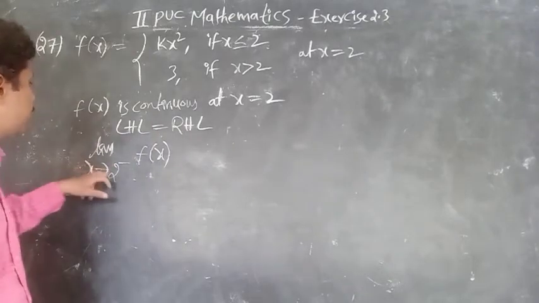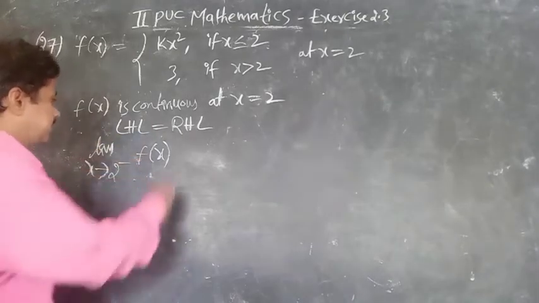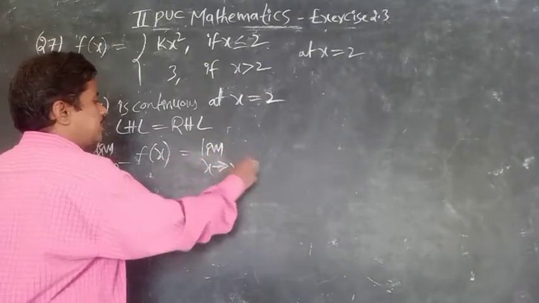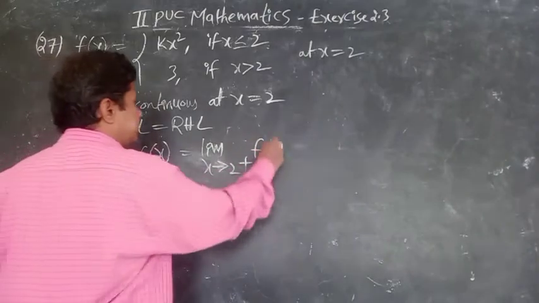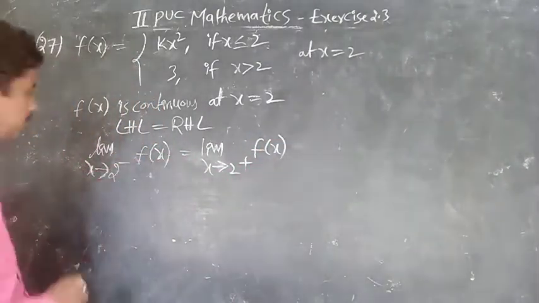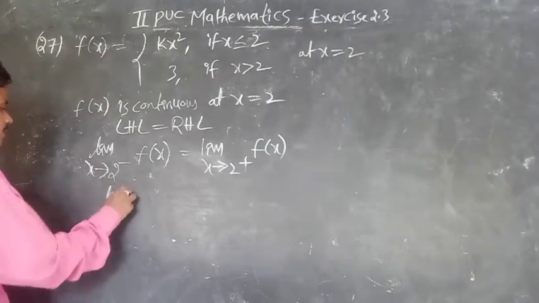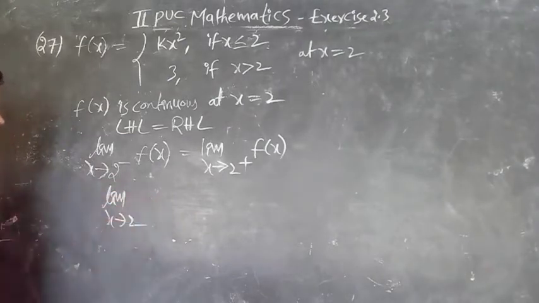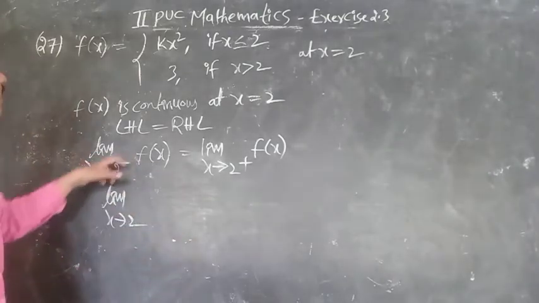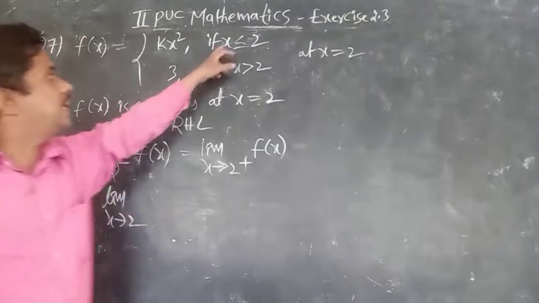Limit x tends to 2 minus, LHL, f of x is equal to limit x tends to 2 plus f of x. Okay, let's substitute f of x. Limit x tends to 2 minus. 2 minus means what? 2 minus means less than 2.